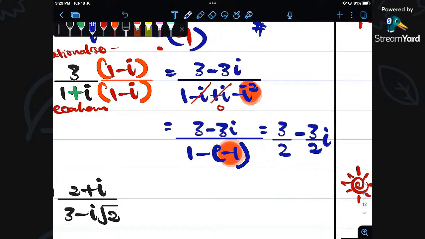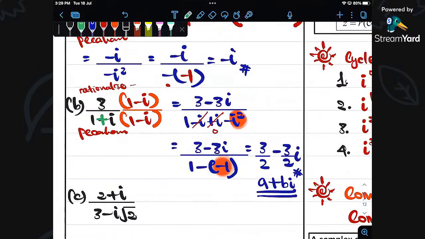So if you can see very clearly, cara saya menulis jawapan akhir saya adalah dalam bentuk A plus BI. Can you see? So make sure our last answer is in terms of complex number. Complex number sentiasa dalam bentuk A plus BI. Make sure you know that.